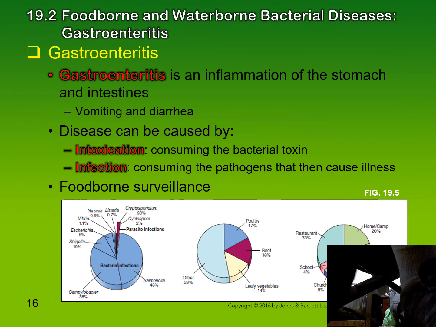As you can see on the graph on the bottom left, Campylobacter and Salmonella are two of the biggest players in gastroenteritis. Things like poultry are very high in Salmonella.